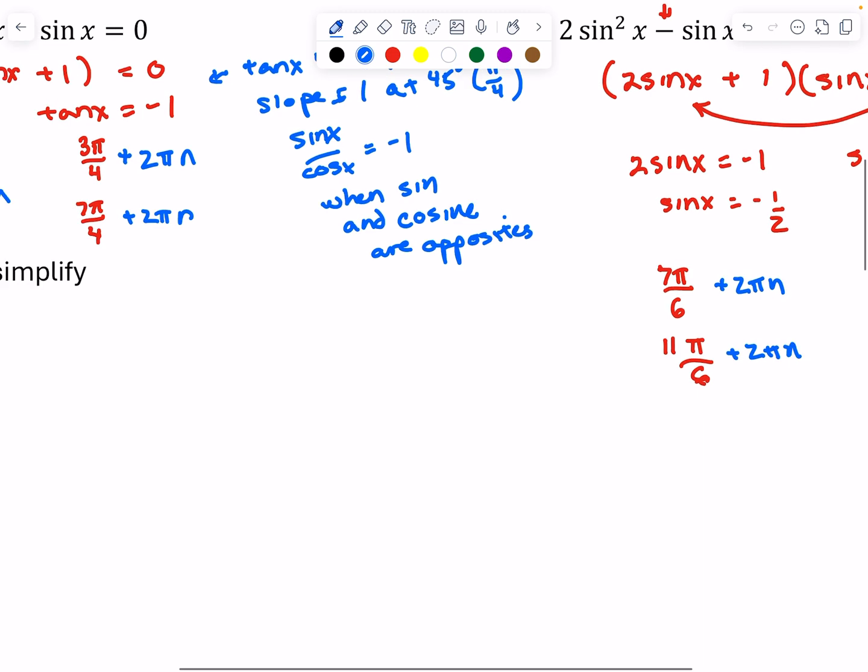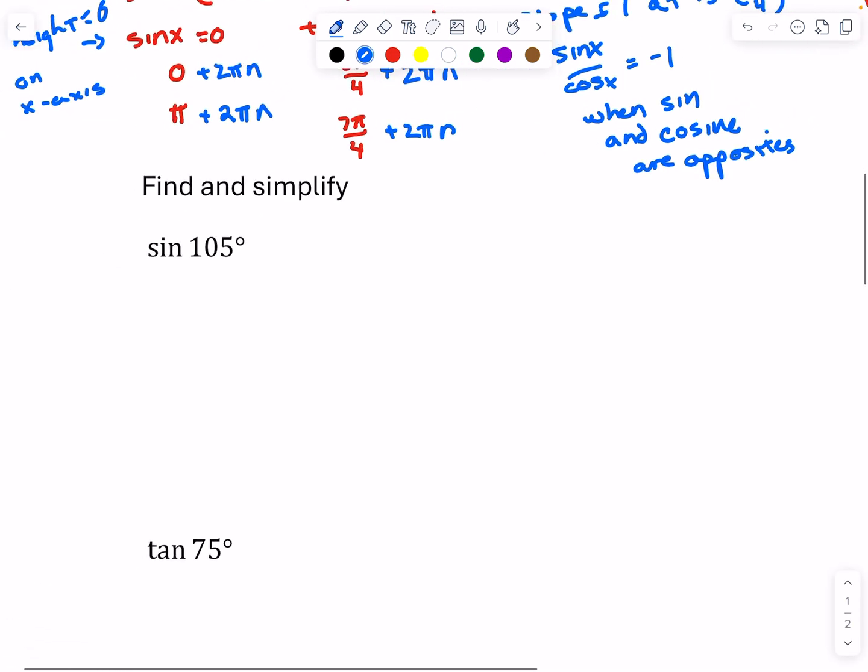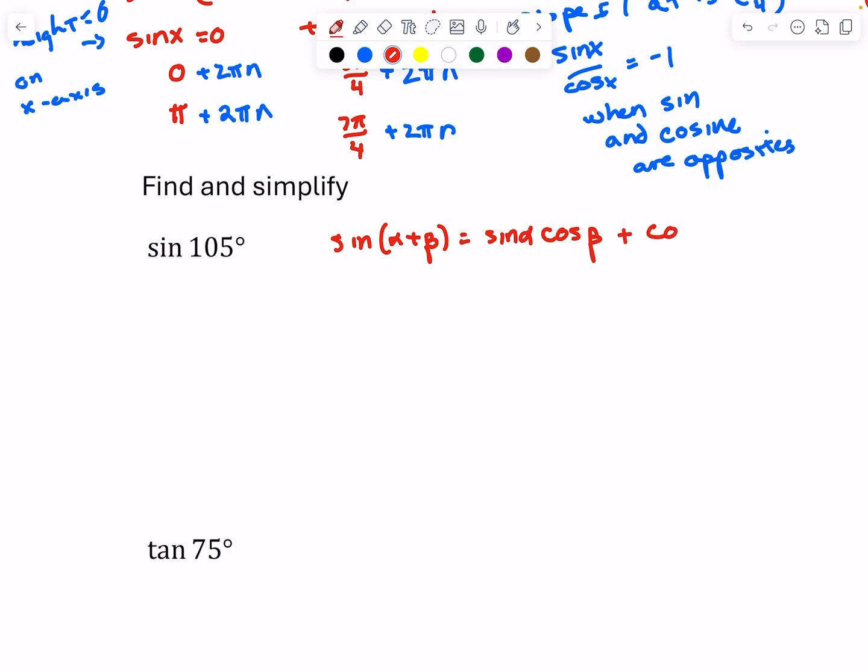All right. Angle addition. So I just want to remind you that sine alpha plus beta is a mix. And that you don't have sine alpha twice. Cosine alpha the second time.